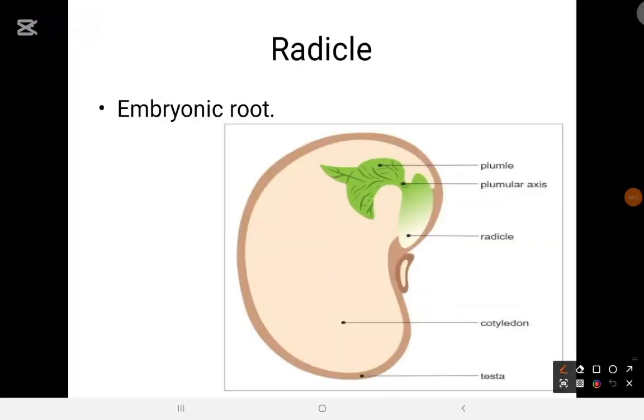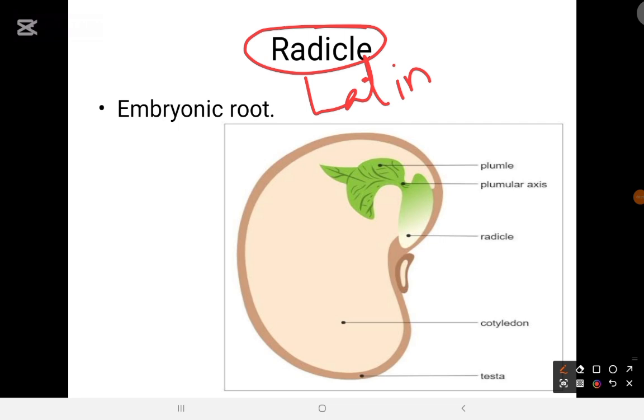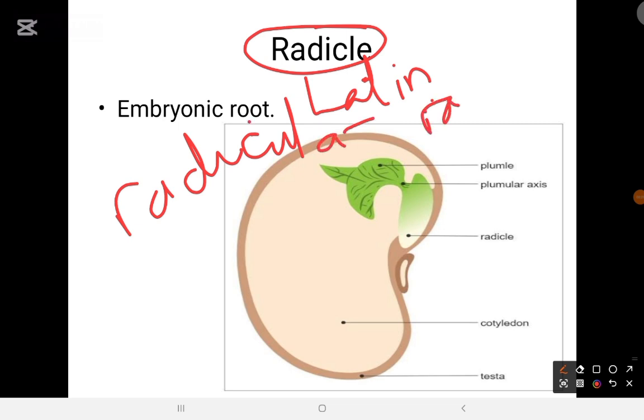All right, so the next is the radicle. The radicle is the one that forms the root, so we call it the embryonic root. It has a Latin origin, radicula, which is the diminutive of radix.